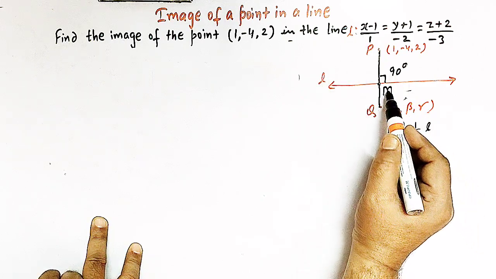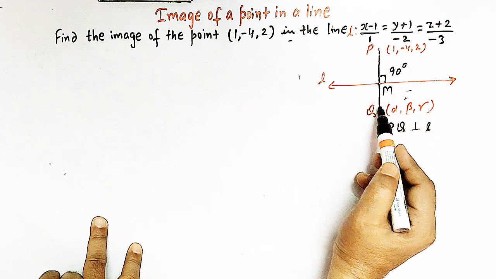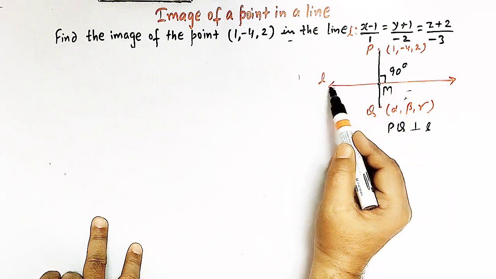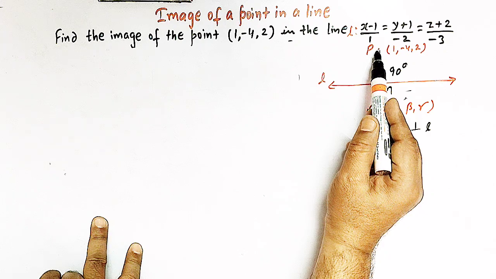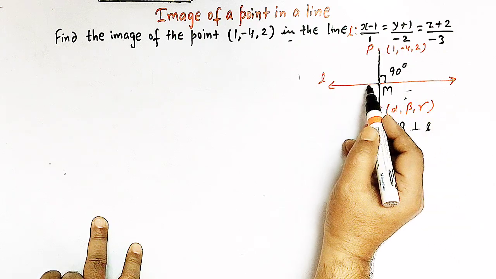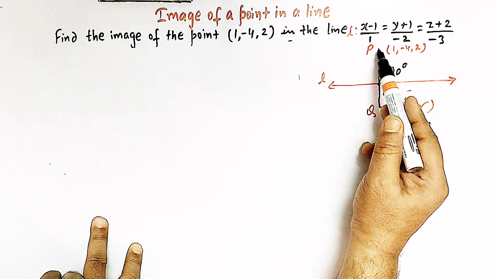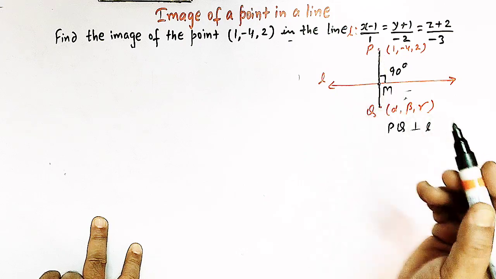So here M is the midpoint of this line segment PQ, because points P and Q are equidistant from the line L, because P is the point whose image is Q, and this line L acts as a mirror. So this point M is equidistant from the points P and Q.